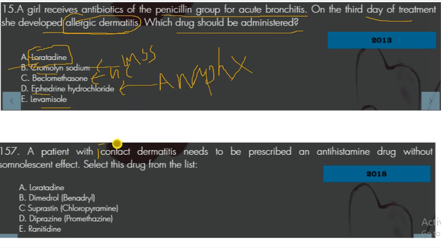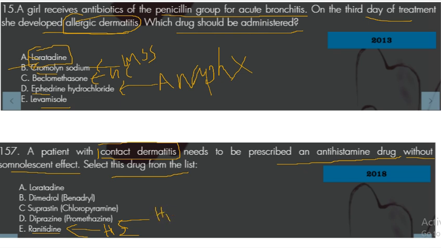A patient with contact dermatitis is prescribed an antihistamine drug without sleeping or sedative effect. Select this drug from this list. Ranitidine? No, it is H2. We will talk later about H2. Other examples for H2 receptor blockers: cimetidine, ranitidine. Then diprazine.